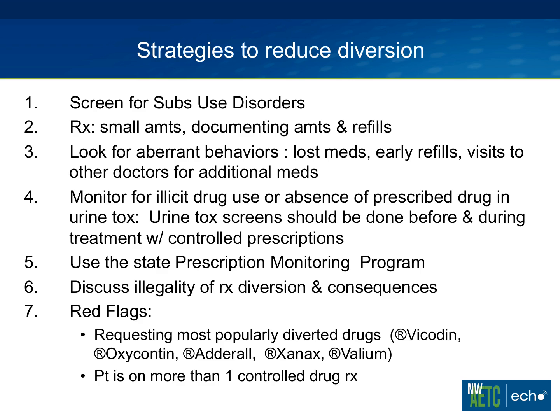And of course, with stimulants, we can only prescribe 1 month at a time. We do need to document amounts and refills, and we have to look for aberrant behaviors. Using the state prescription monitoring program is very helpful. So I would recommend that with anyone that you're prescribing a controlled substance for.